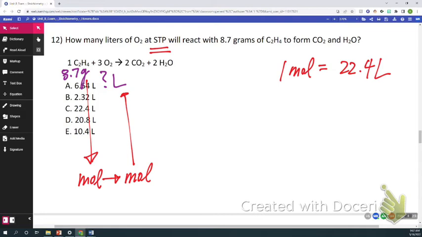So 8.7 divided by 12.01 times 2 plus 4-ish, right? I got 0.31. Something like this. And then the mole ratio train is 3/1, so times 3. That's 0.9315 moles.